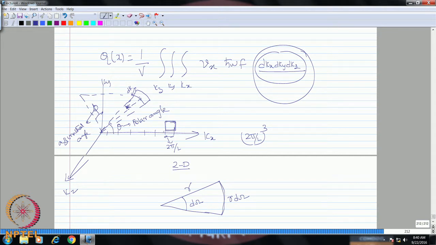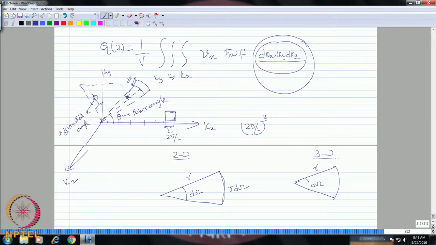So, now if you extend this to 3D, we are replacing this plane angle, okay. On this projection it will look similar with a solid angle, okay. And we still have r, okay. But so what will be the area of this?